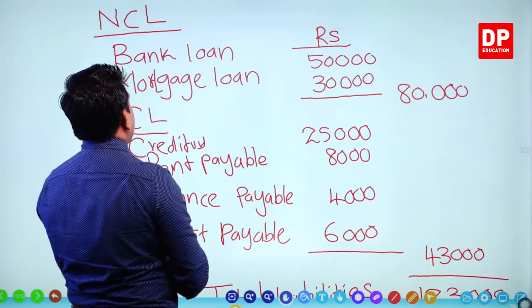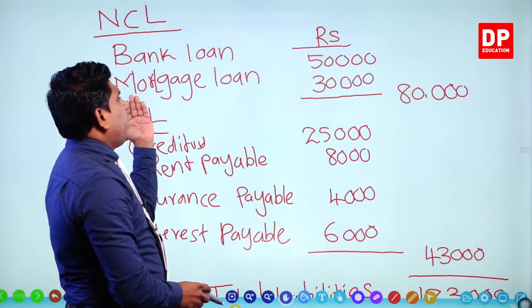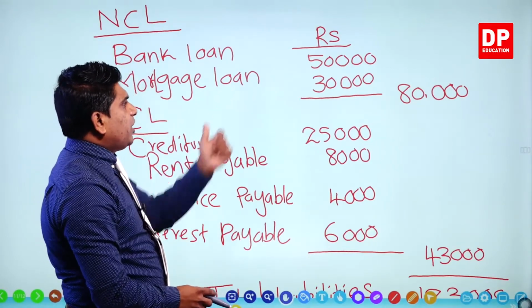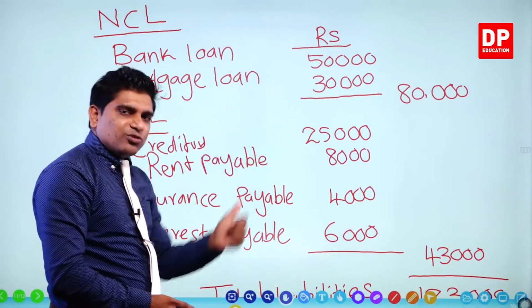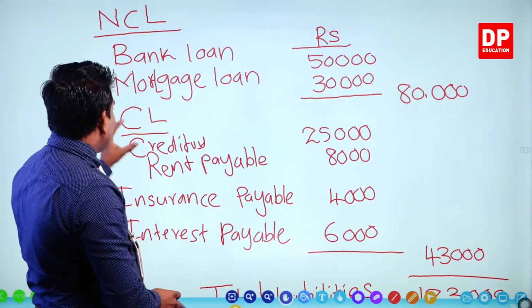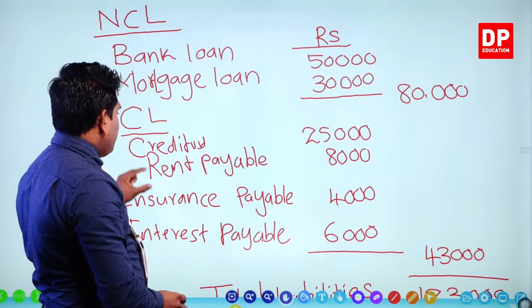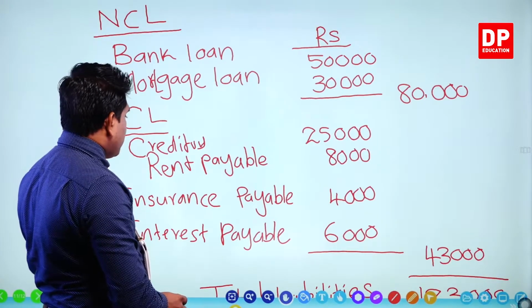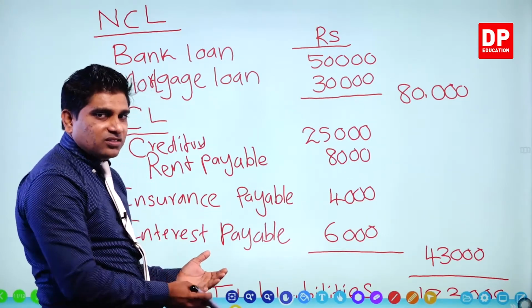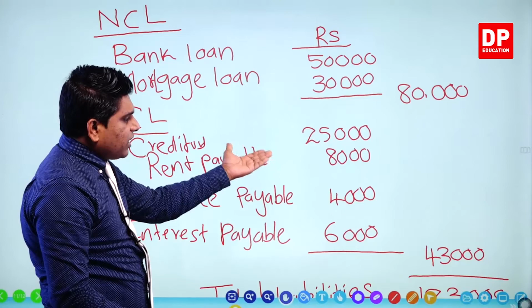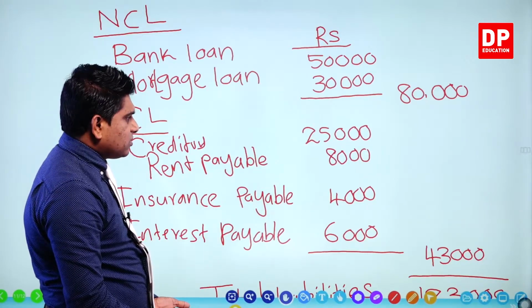Now we move to the question and answer again. Remember, at the beginning, under non-current liabilities we wrote bank loan, more than 1 year, 50,000. Mortgage loan, 30,000. The total, 5 plus 3, 80,000, right? Now, current liabilities: creditors, rent payable, insurance payable, interest payable, any payable expense liability: 25,000, 8,000, 4,000 and 6,000, right?